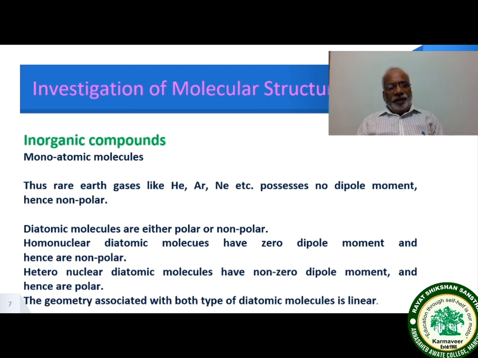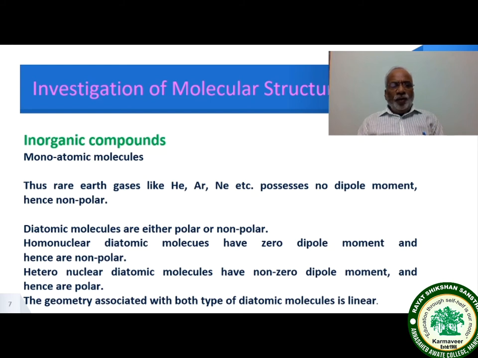Now let us consider diatomic molecules, which are either polar or non-polar in nature. Homonuclear diatomic molecules have 0 dipole moment and hence are non-polar in nature, because L is equal to 0, the separation distance between the two similar atoms.